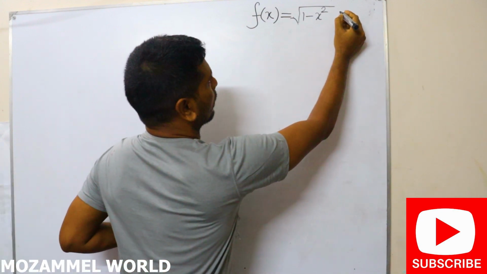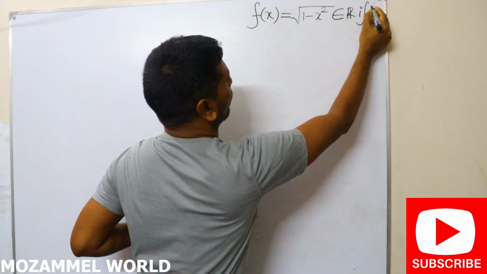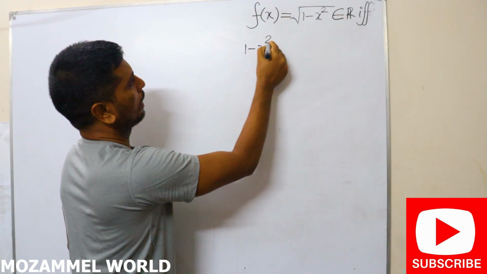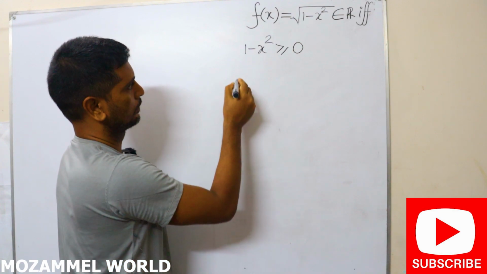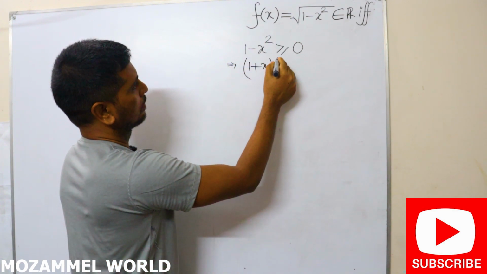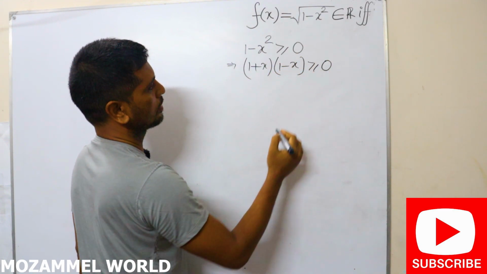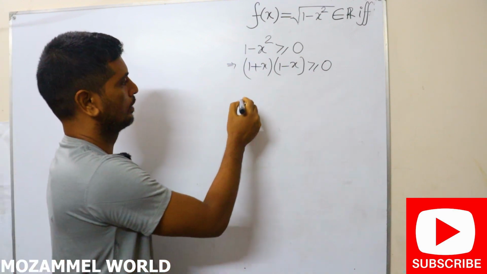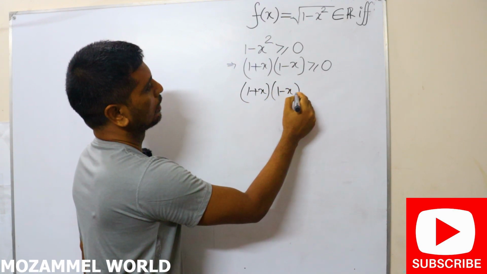So f of x belongs to R if and only if 1 minus x square is greater than or equal to 0. That means (1 plus x)(1 minus x) is greater than or equal to 0. If I consider the equal sign, that means (1 plus x)(1 minus x) equals 0.